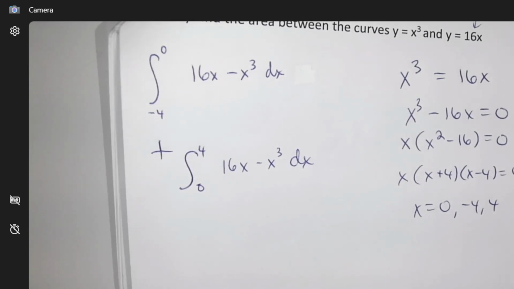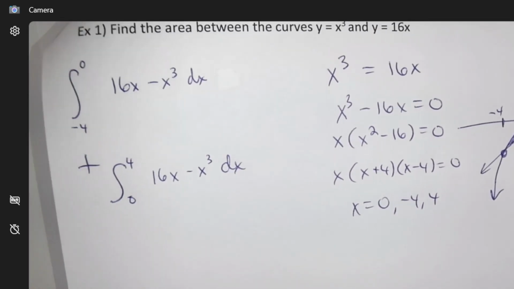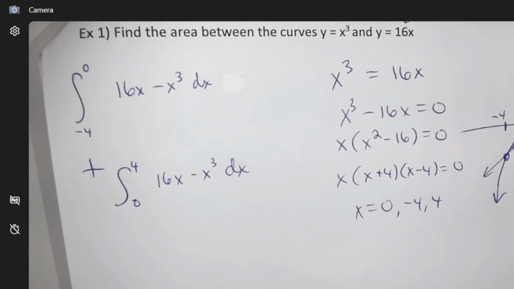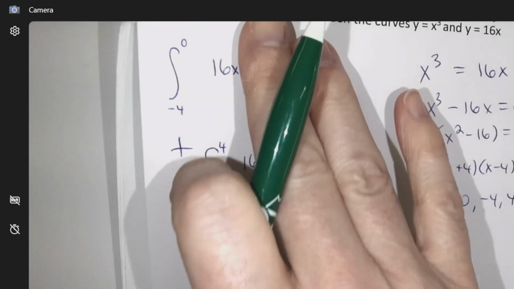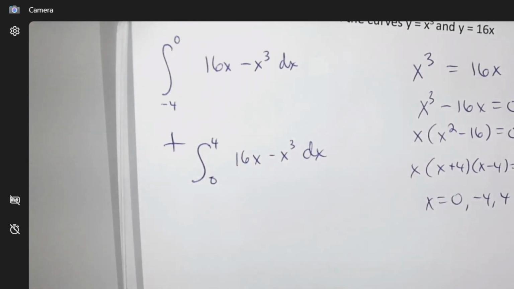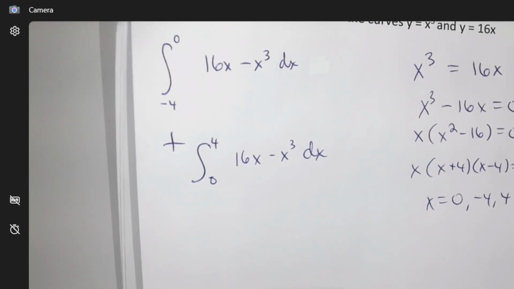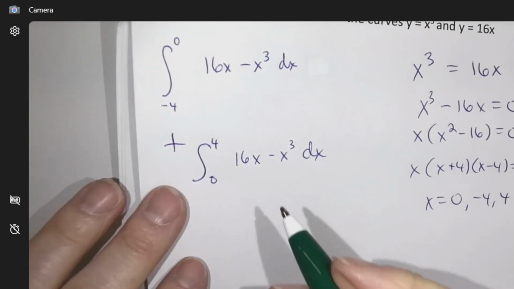Okay, specifically on this one, would we agree that it would be symmetric? This area should equal this area, right? Anybody see that? Okay, so I'm not going to do these both. I'm going to do one of them, and then I'm just going to double it, if you're okay with that. This area would equal this area. So I'm just going to do one of these, and then we'll double it.